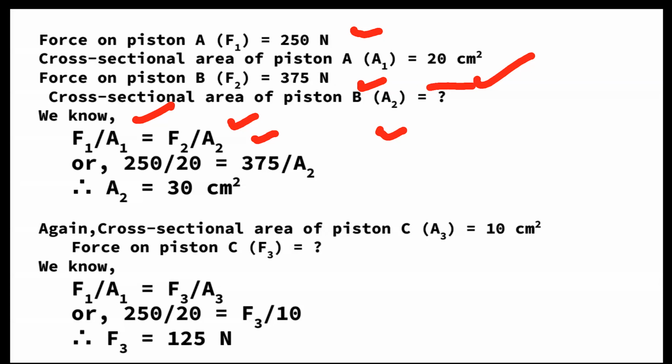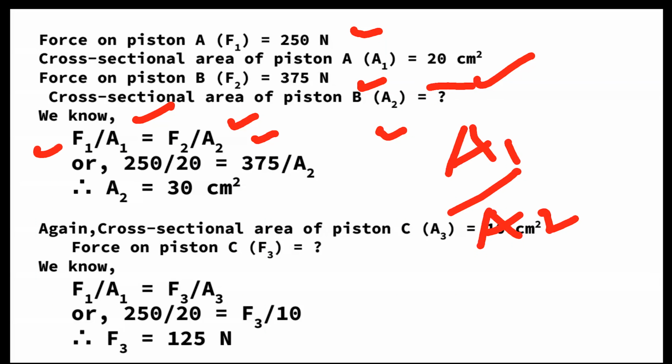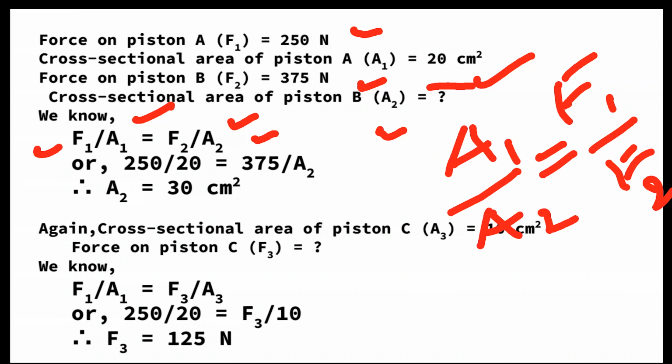Though we have written it in this form, we can write it another way also, A1 upon A2, the ratio of area, equals F1 upon F2. So for finding the area of piston B, A2, we don't need to convert 20 centimeter square into meter square. You can use the same number with the same unit, and you will get the answer in the same unit, that is centimeter square. Understood?